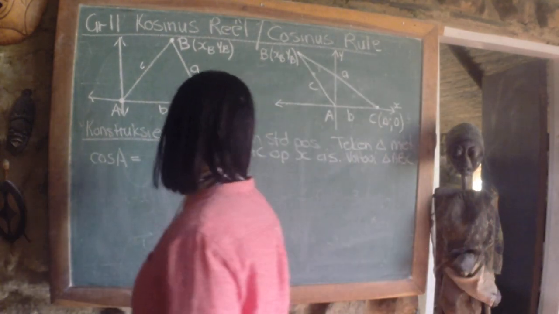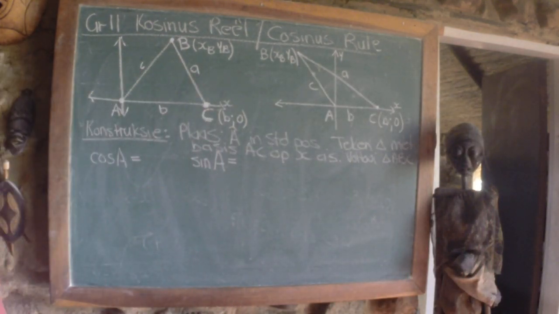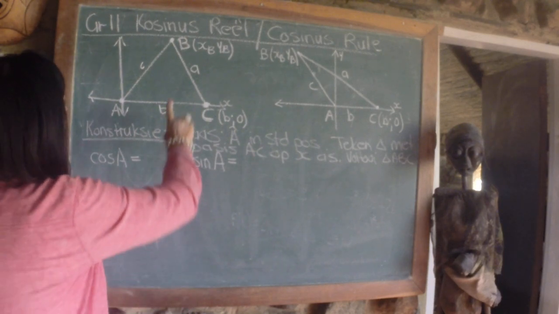Okay, complete triangle ABC. In the cosine case we are not going to put in a perpendicular height. We're going to work with the coordinates.